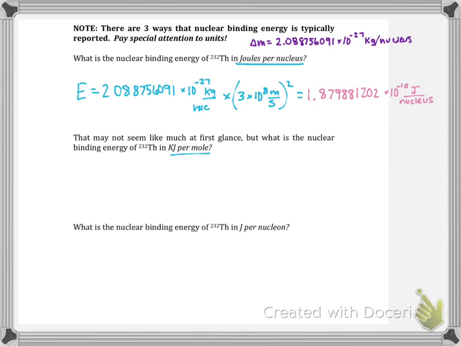This is similar to types of conversions that you probably did back in Gen Chem 1, Chem 110 land, where we take our energy for one nucleus in joules per nucleus.